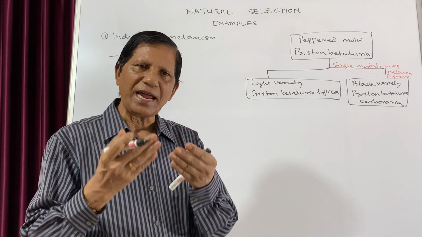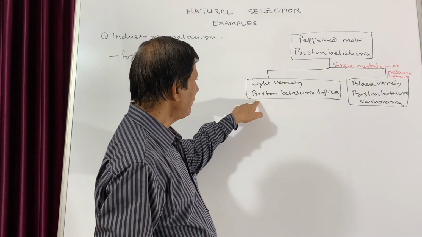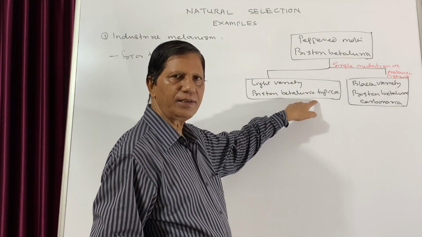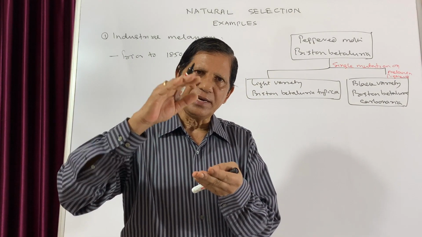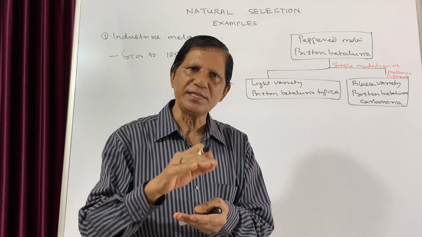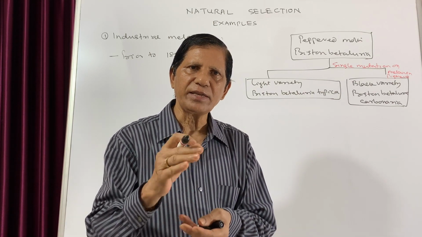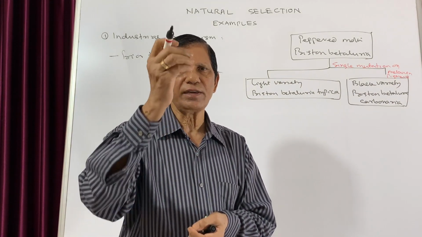The lichens were white in color, and the Biston betularia typica variety is also light in color. So they take rest on these white lichens and cannot be easily detected by their predators. So their number naturally increases.